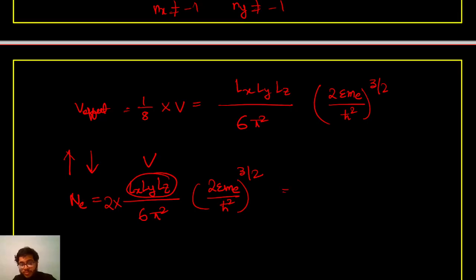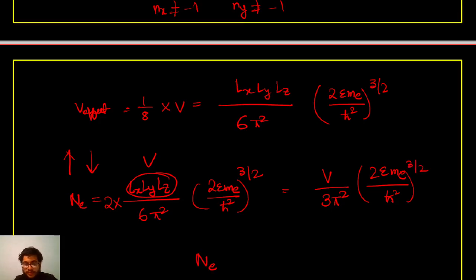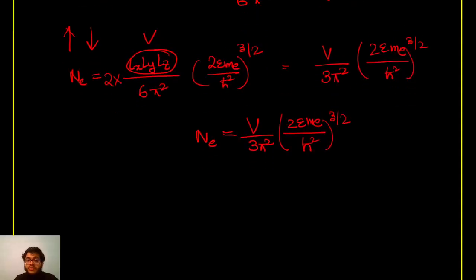So there is a spin quantum number also. So V by 3 pi square, to 2 epsilon me by h square to the power 3 by 2. So that is Ne. So that's what we did: given the electron density, we could actually predict how much is the highest energy that the electrons will occupy.